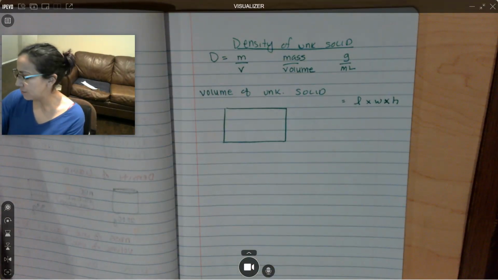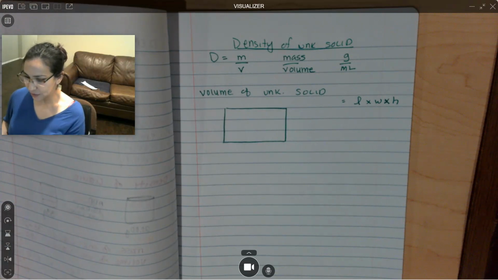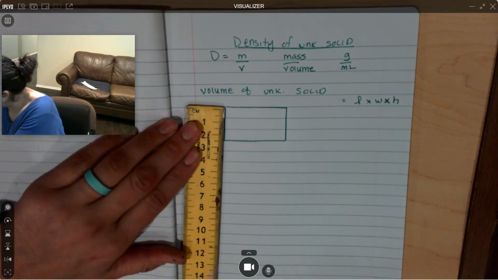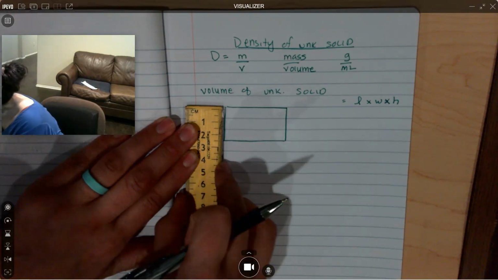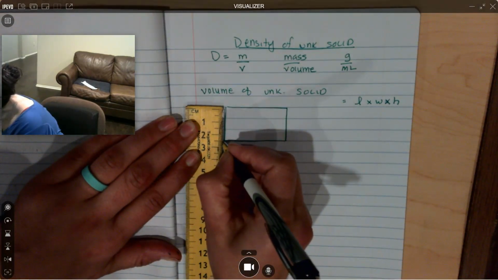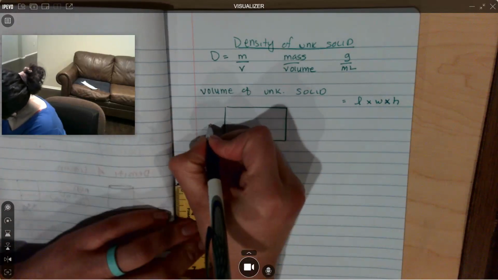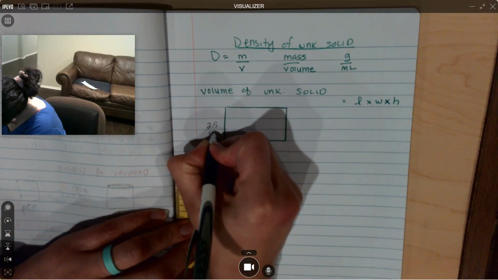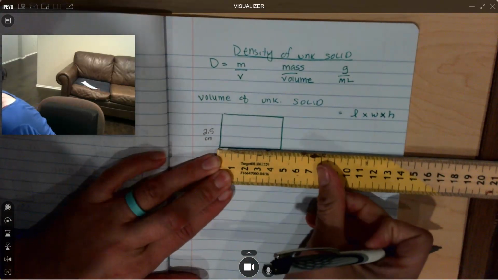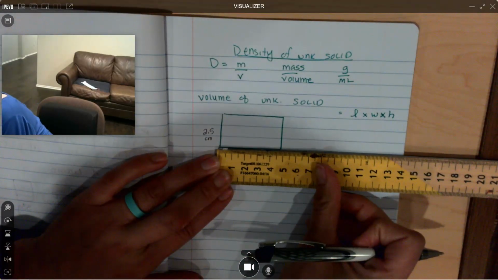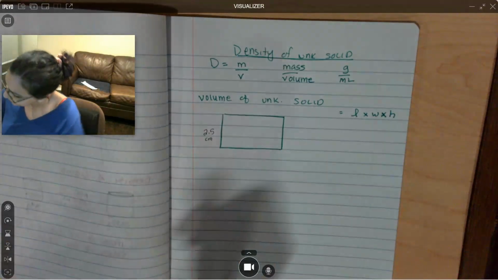So if I take a handy dandy ruler and I measure this, and I'm not going to be that accurate, I'm going to say that this is approximately 2.5 centimeters. And I'm going to say that that is approximately 4.8 centimeters.